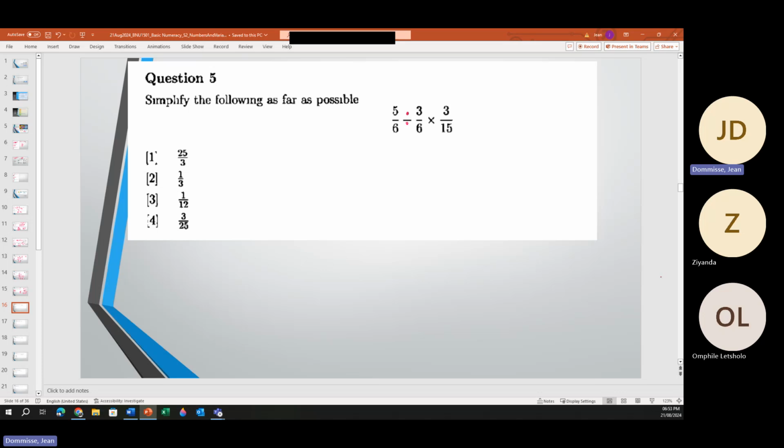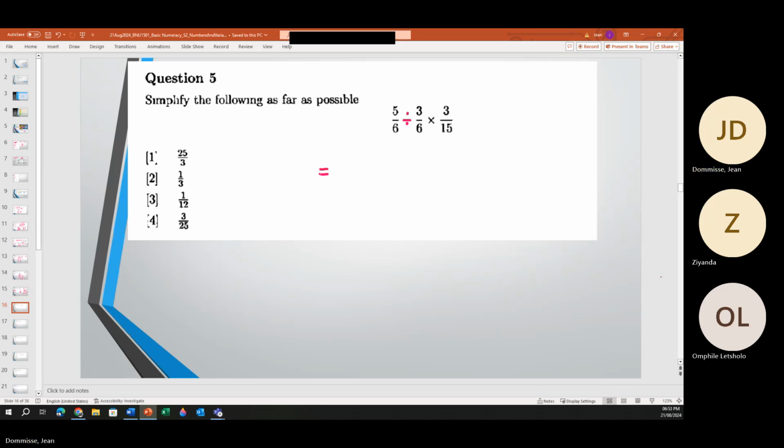This is from an old paper, and you might see, again, if you look at some of the additional resources, because it's an old paper, sometimes it's faded, and so this one should have read 5/6 divided by 3/6 times 3/15. And then they ask us to simplify the question like this.